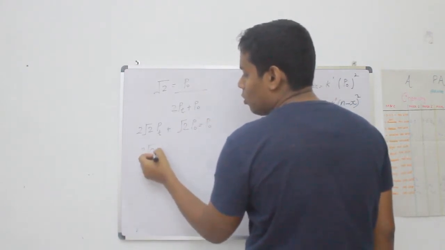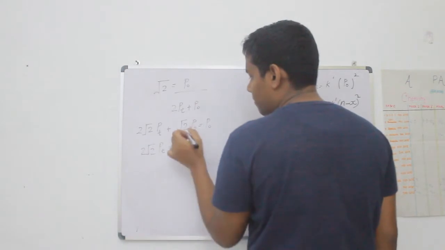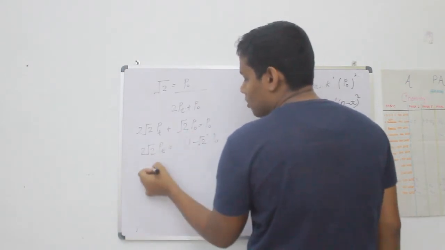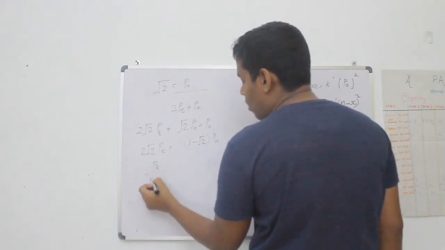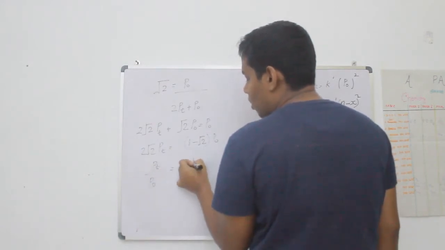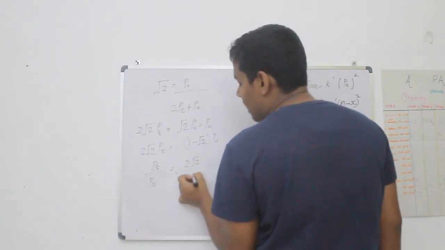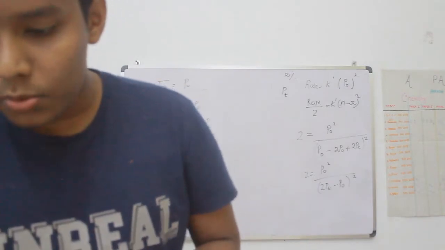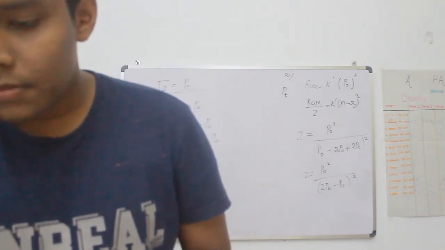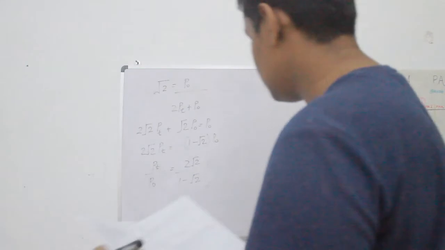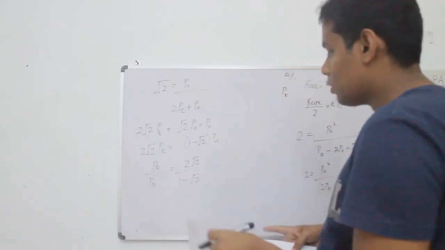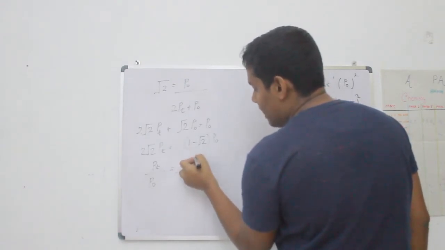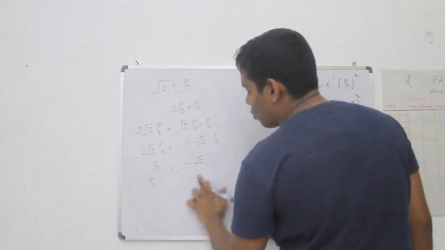So 2 root 2 pt equal to 1 minus root 2 times P naught. So pt over P naught equal to 1 minus root 2 divided by 2 root 2.